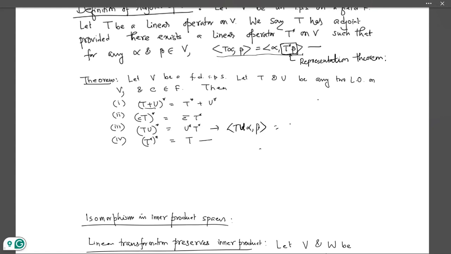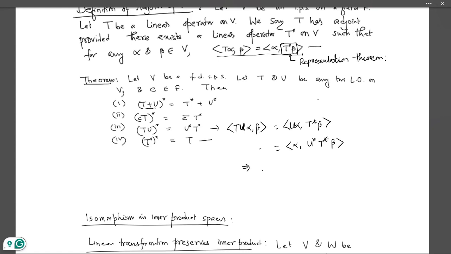This can be written as T of U alpha, as a vector. T will go to the other side and become T star beta. Now U will go to that side, so it becomes alpha with U star T star beta.